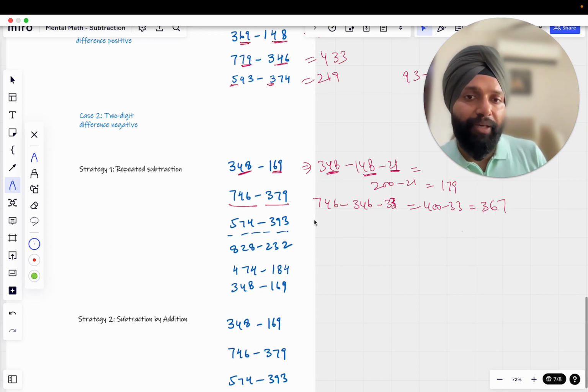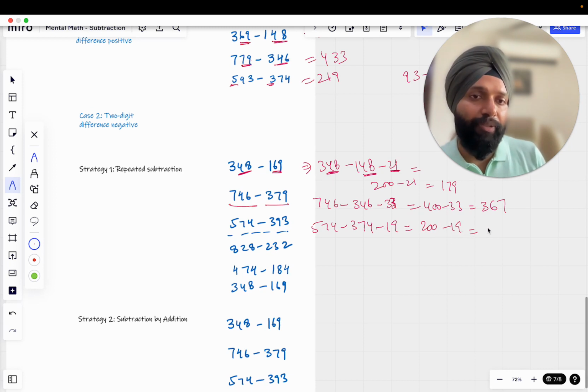So here 574 minus 374. Now what remains is, if you subtract 374, 300 gone, so 93 minus 74 is 19, right? So 200 minus 19, which is 200 minus 20 is 180 plus 1, 181.